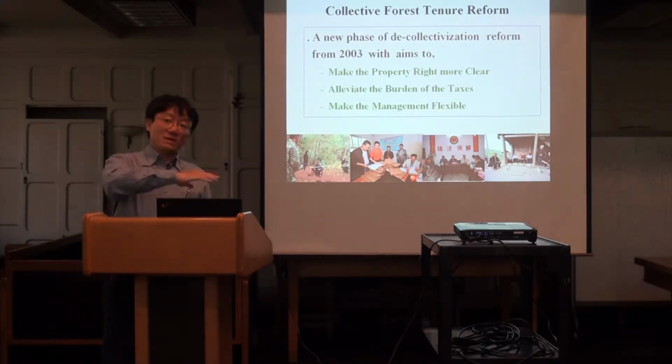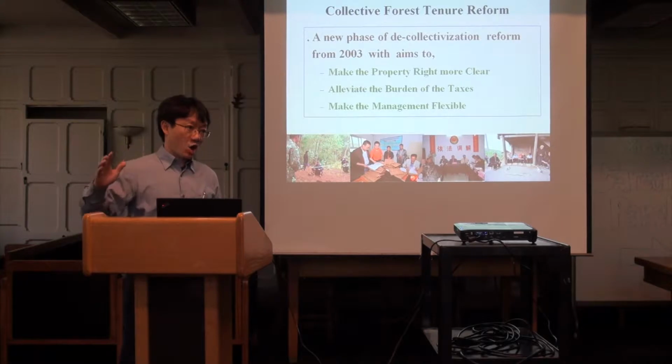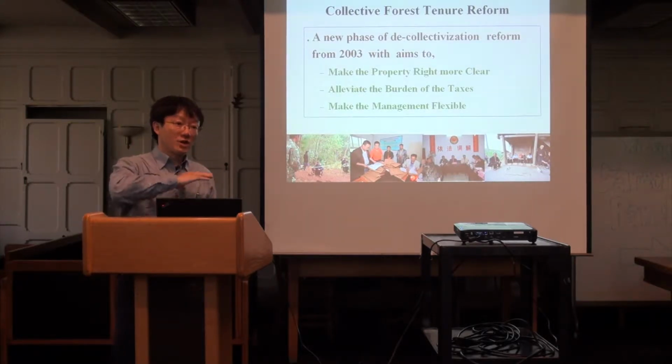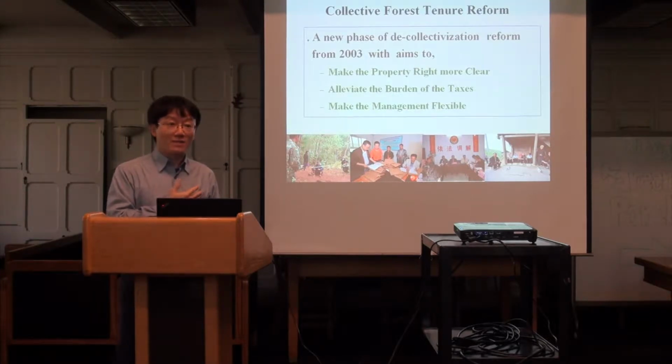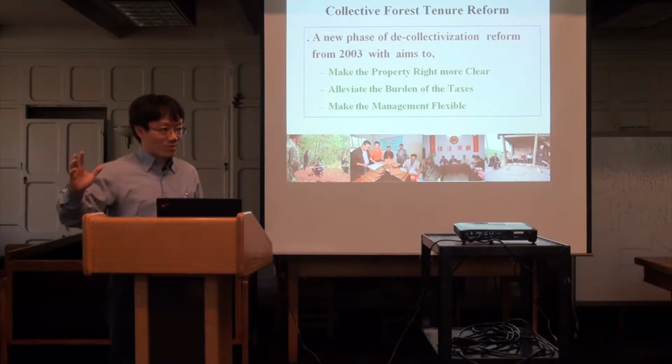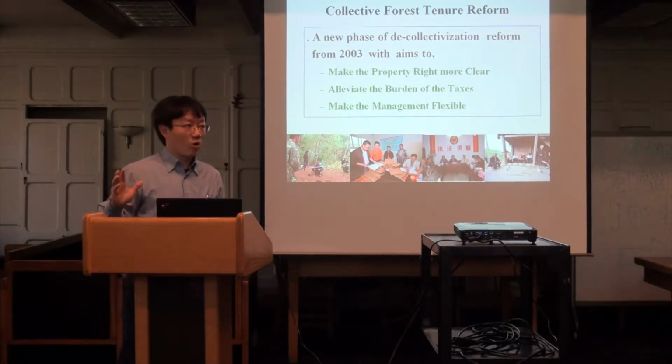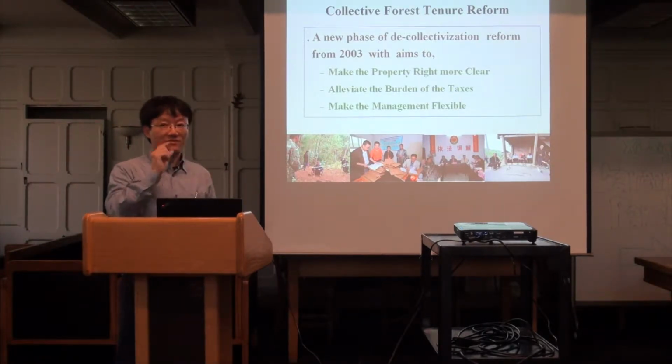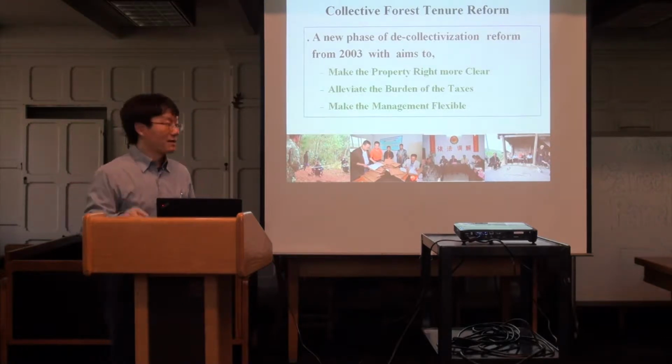In the old time, the land was owned and used by the collective together. But now, through the reform, the large plot is usually divided into several small plots, so you need to identify the boundary for each family.